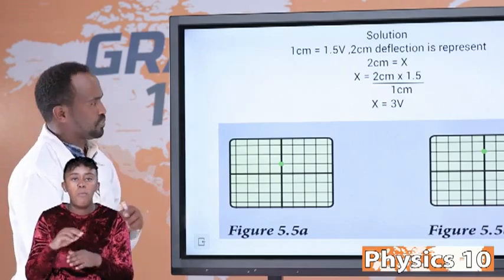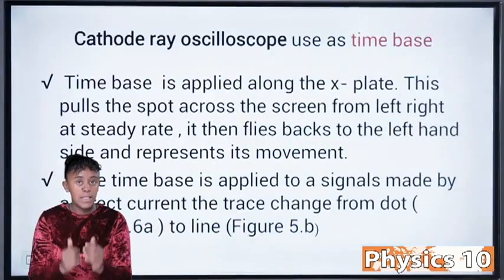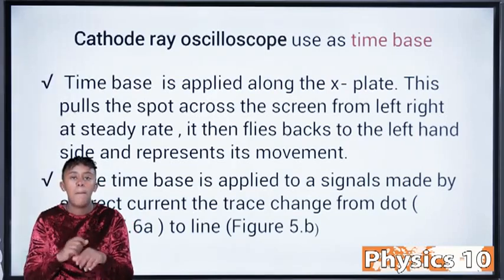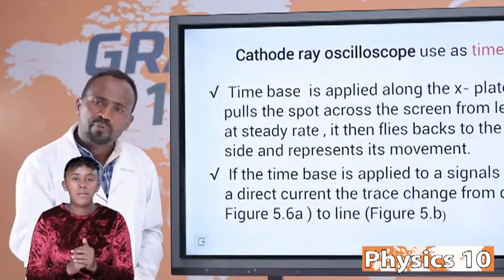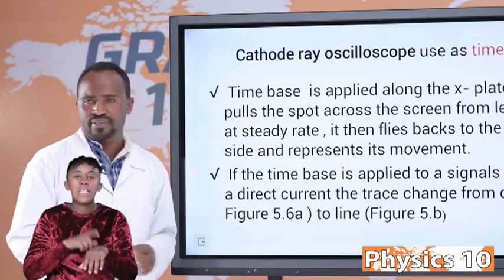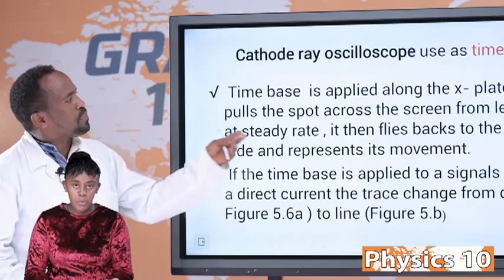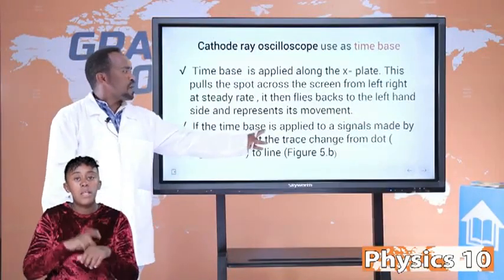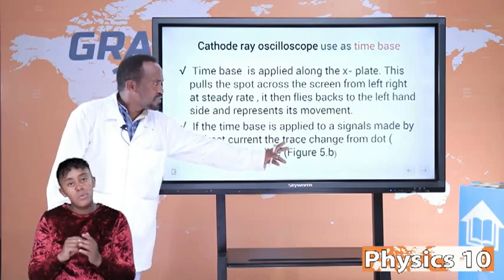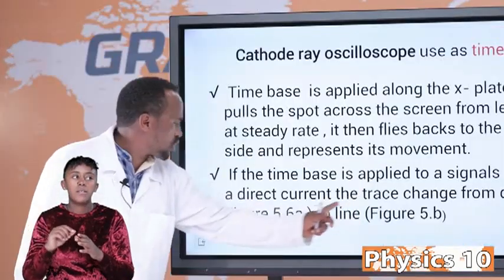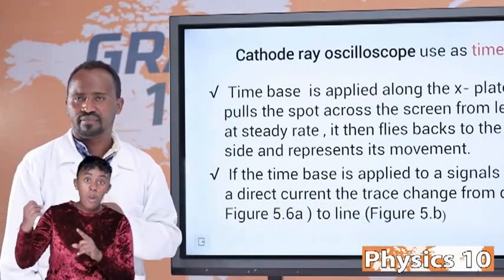I jump this over. Next, let's see the cathode ray oscilloscope used as a time base. Another important use of the cathode ray oscilloscope is as a time base. The time base is applied along the X plates. If the time base is applied to signals made by a direct current, the trace changes from a dot to a line.